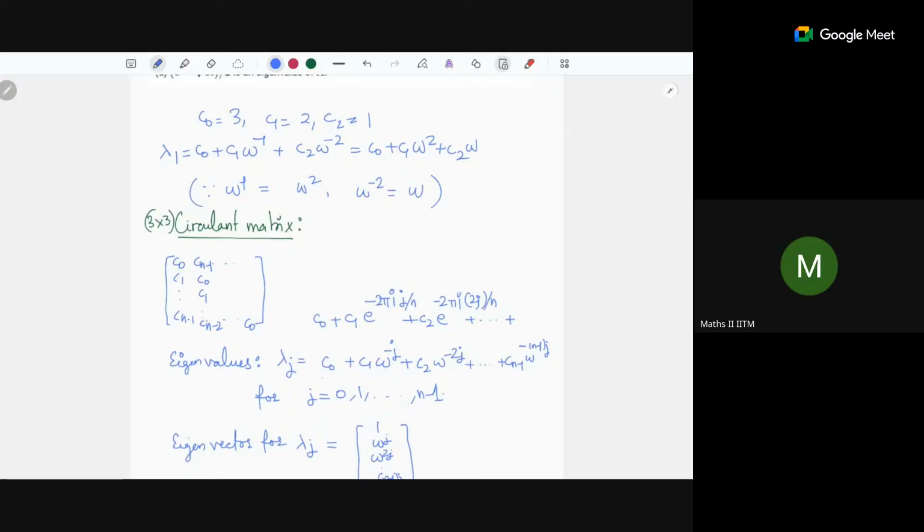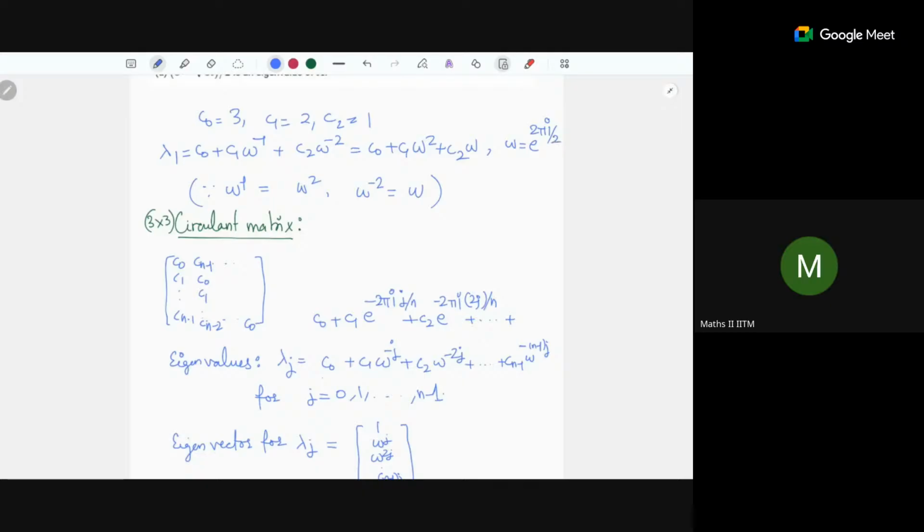All right, so now what is omega? Omega is e to the power 2 pi i by n, and n is equal to 3 in this case.